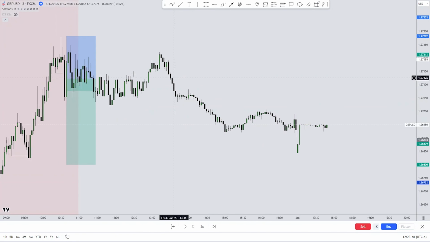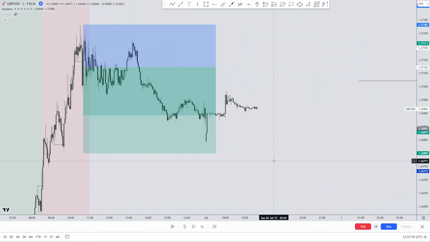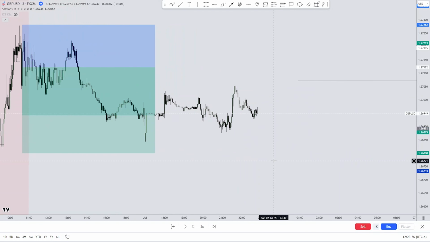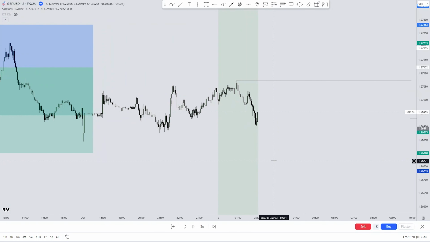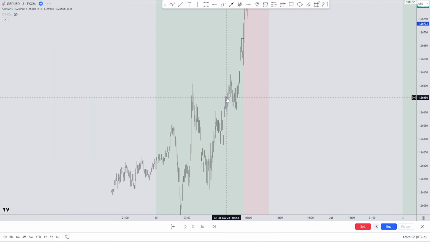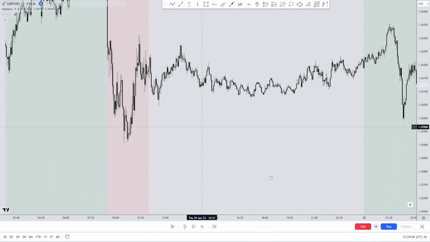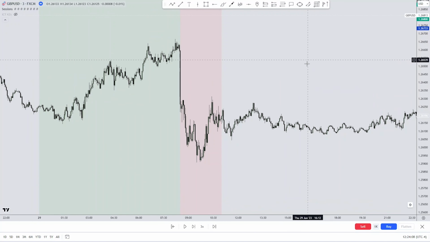This looks like it would have worked though. Let's see. Yeah, eventually it would have worked, the second one. So you would have made this back plus 1%, or however much you are risking.